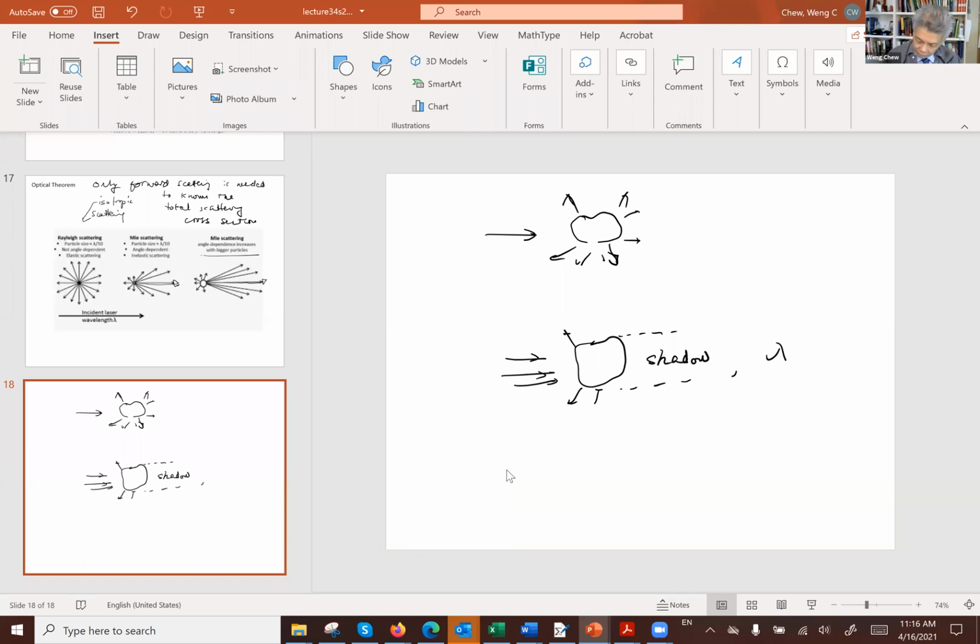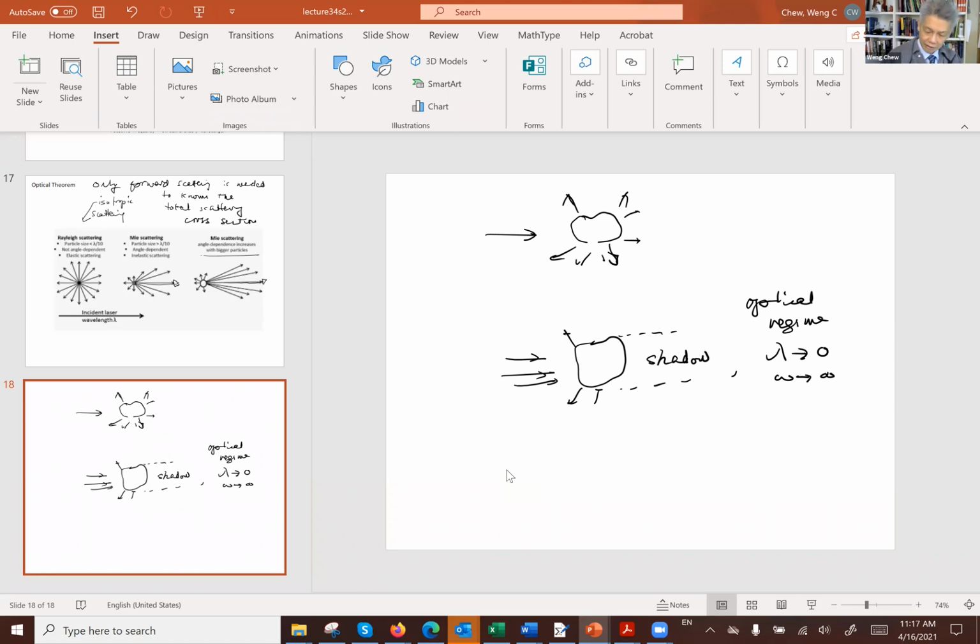When the wavelength becomes very short and the frequency becomes very high, this is in the optical regime, and this can be intuitively understood. So what happens here?